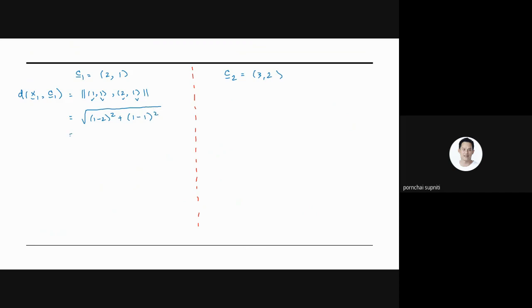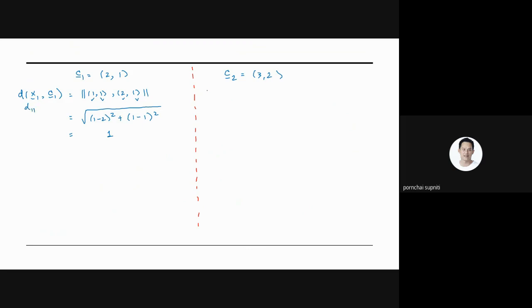So what you have is 1 minus 2, which is minus 1, and then squared, you get just 1. I can call this D11.